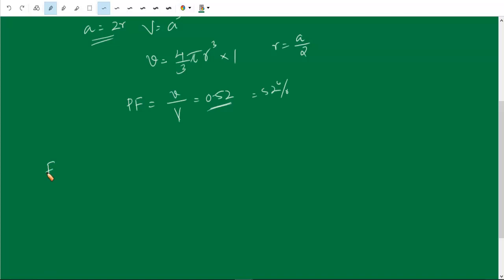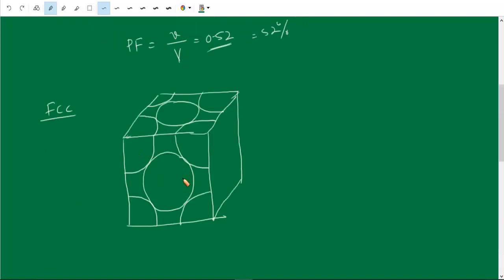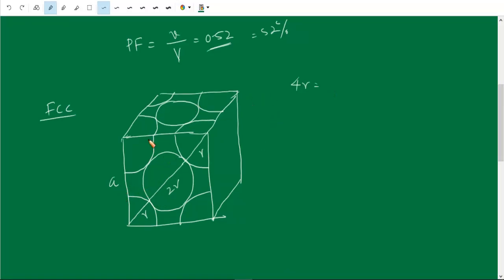For an FCC, the unit cell looks like this. Here, this is the side a of the cubic cell, and this is the radius R. We can write the relation between the radius and the side as R equal to a by 2 root 2. The number of atoms in the cell is 8 corner atoms, so 1 by 8 into 8, plus 6 face center atoms.